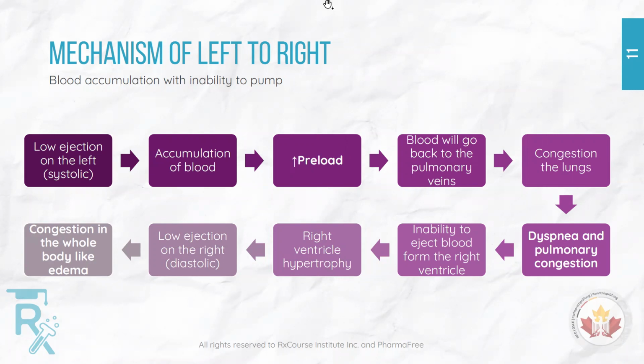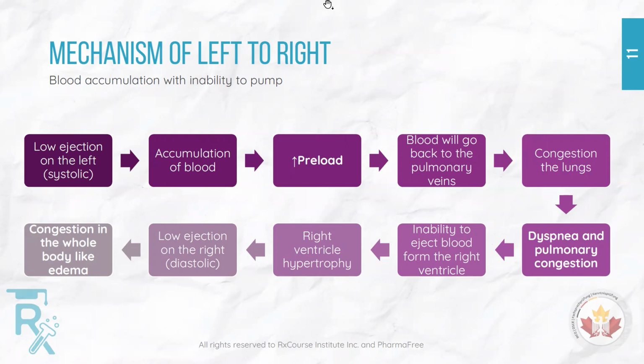So what will the right ventricle do to have more power? We need more power now to push the blood to the lung. The walls will be thickening, because of the accumulation of blood, and they will try to push more in order to push the blood more.